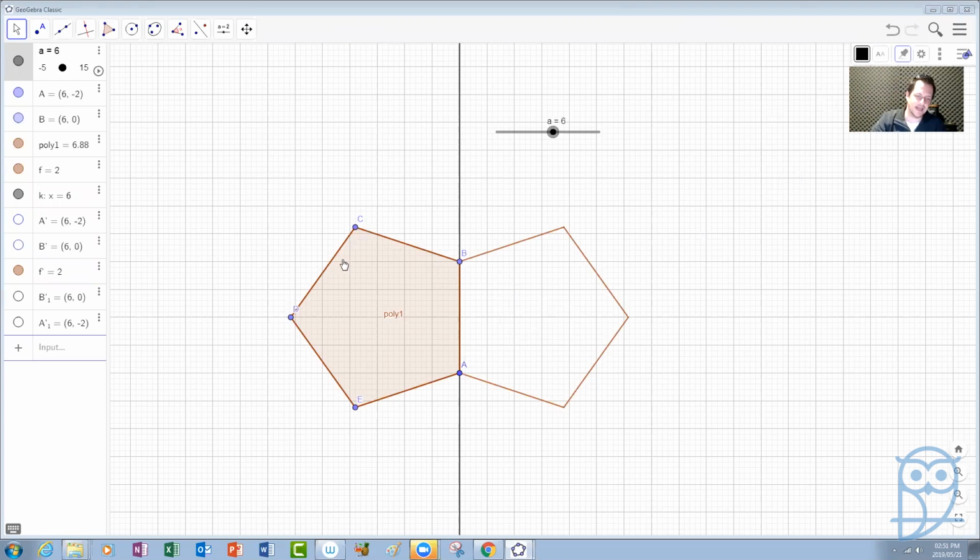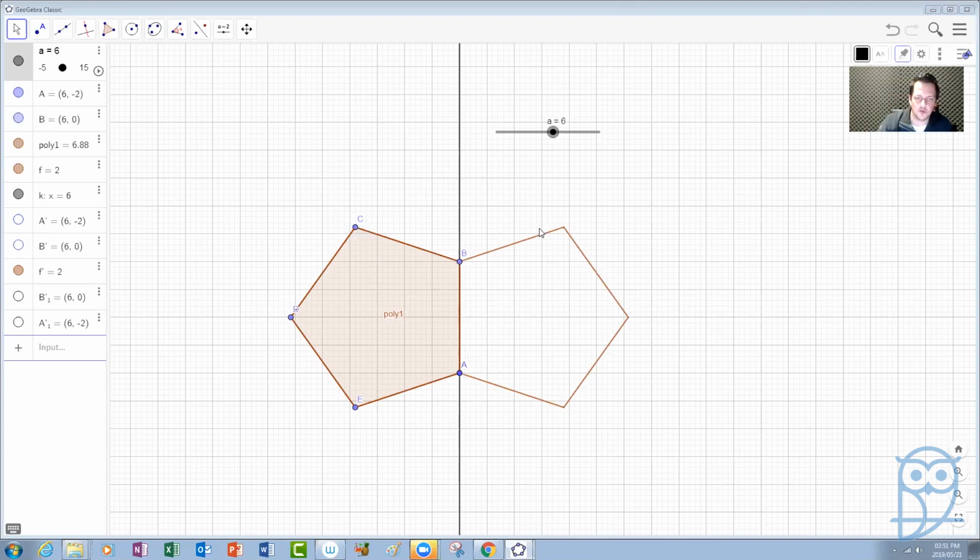So I have a pentagon here, and this pentagon is exactly on my mirror line. That means that these points A and B are going to be a distance of 0 away from the mirror, and therefore 0 away from the mirror in mirror land. However, what about point C here?